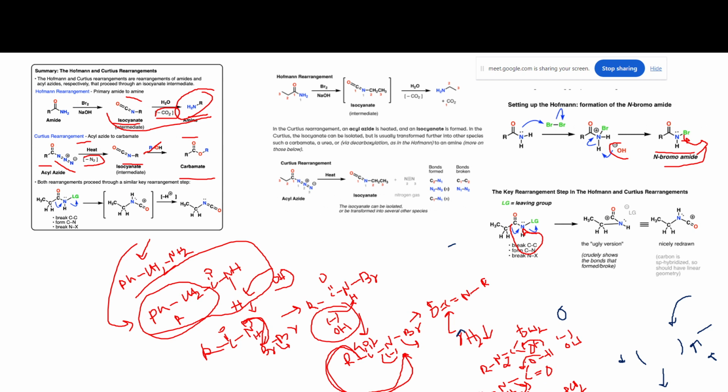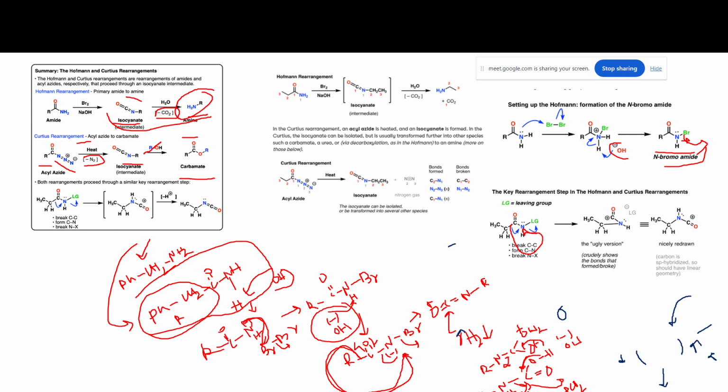Then this lone pair again comes back and it will be liberated as CO2 and you are forming this molecule, that amine. So from primary amide to amine.